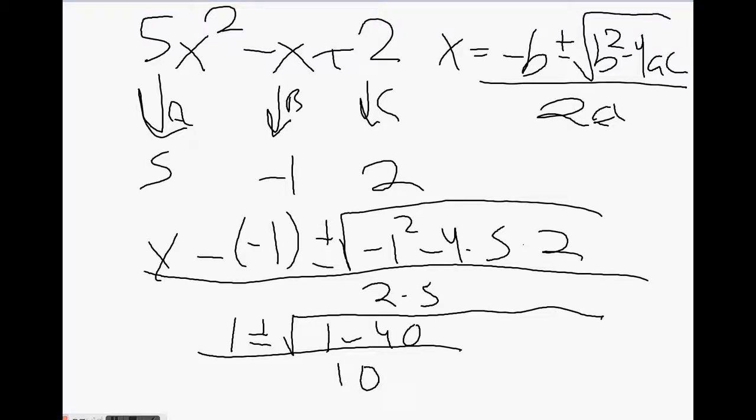After you solve it a little bit more, I know I'm getting messy, we're going to have 1 plus minus the square root of -39, which you clearly can't have a negative, over 10. You could rewrite that square root of -39 as the square root of 39 times i, up to you. So there you go. That takes care of that.